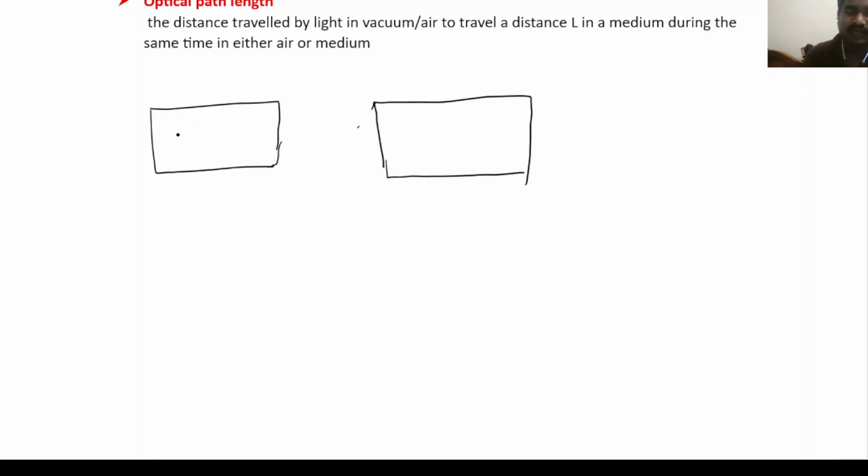Let us take one as a rarer medium and the other as a denser medium. The refractive index of the rarer medium you can take as n1, and the refractive index of the denser medium as n2. Say, for example, within a time t1, the distance traveled by light in the rarer medium.